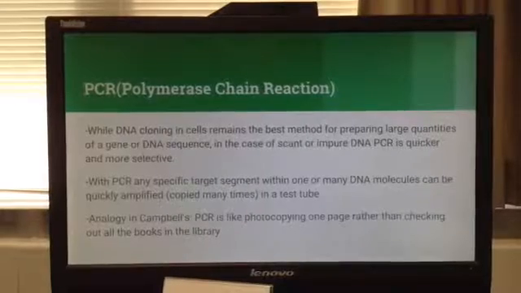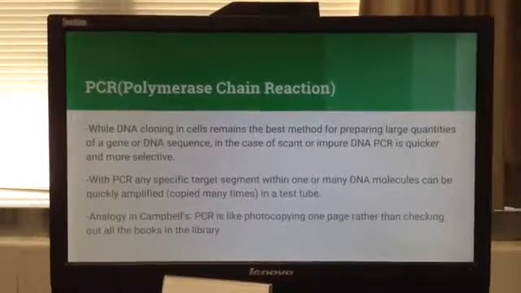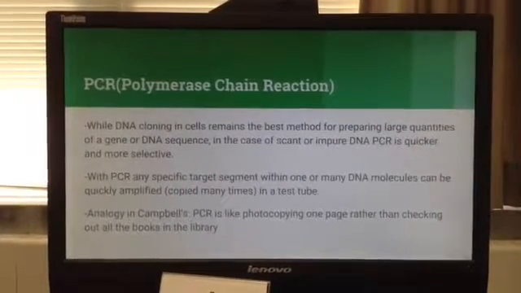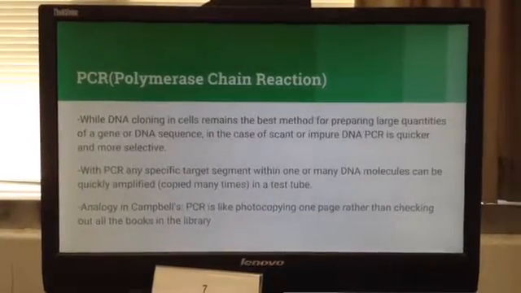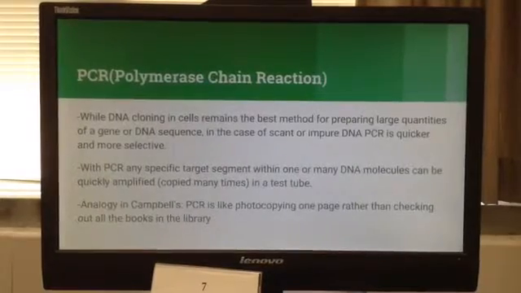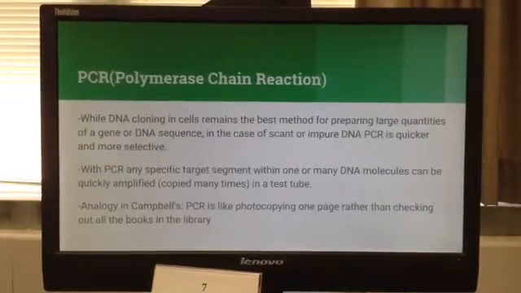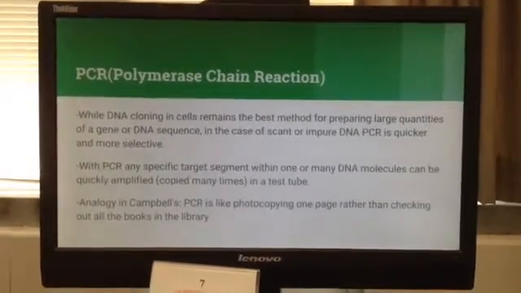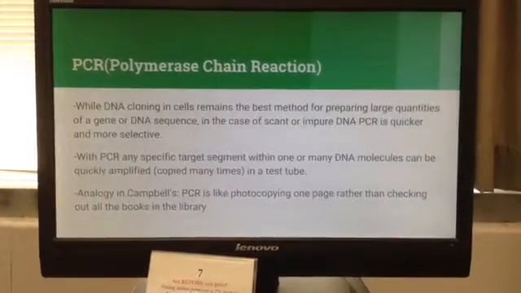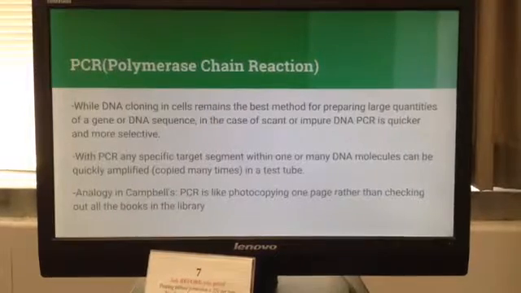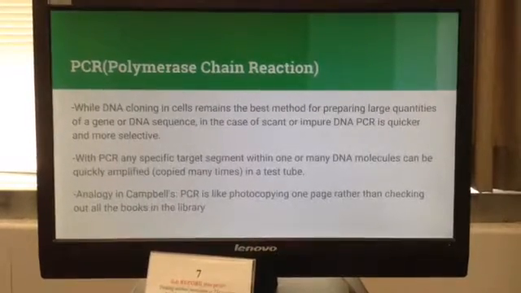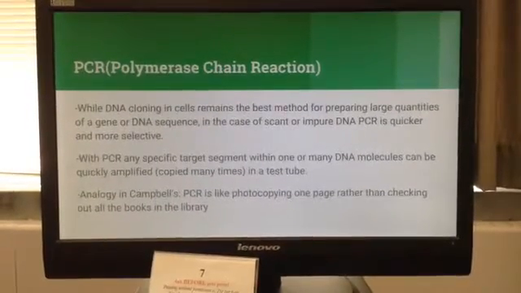Now we're going to talk about the second part of our learning objective, and that is PCR. PCR stands for polymerase chain reaction. Basically what PCR does is it replicates a specific target segment of DNA many times. While DNA cloning in cells remains the best method for preparing large quantities of a gene or DNA sequence, in the case of having scant or impure DNA, PCR is actually quicker or more selective.